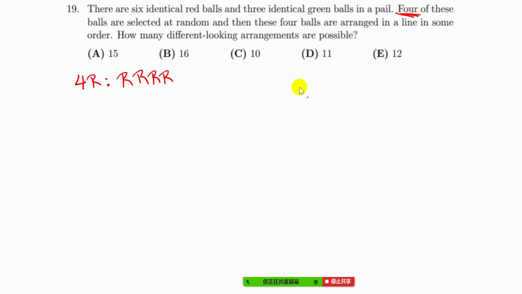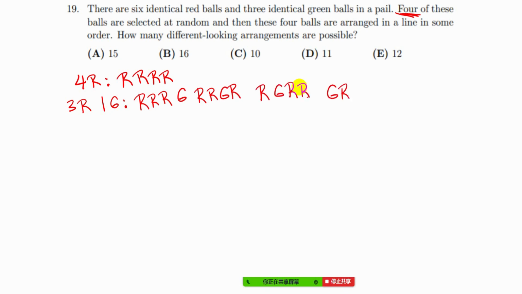Another situation would be there are 3 red balls and 1 green ball, and then this could be red, red, red, green; red, red, green, red; red, green, red, red; green, red, red, red.